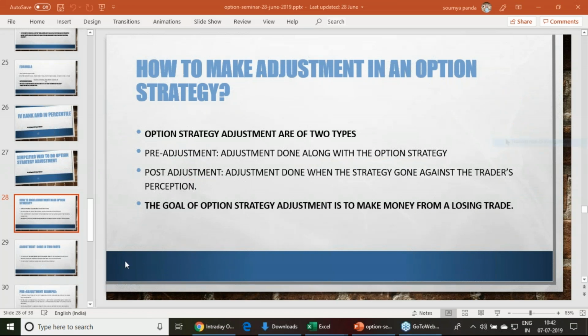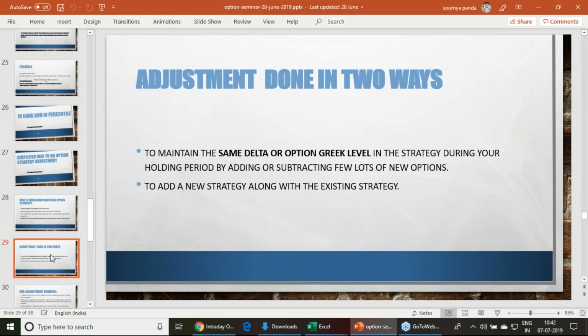Now coming to the question, how will I do this. Adjustment is not a fixed subject. Some say that whatever the same delta or same vega or same theta level is there, I will maintain that throughout my holding period.